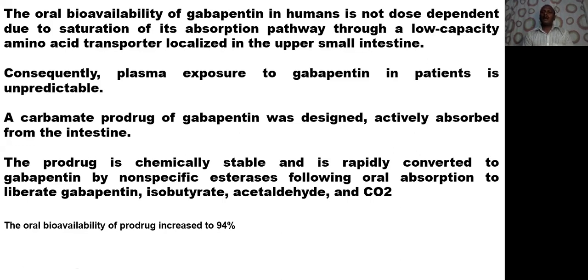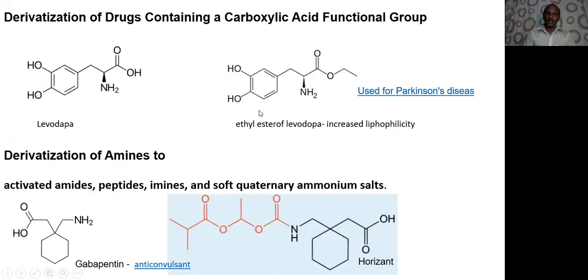That's why it is unpredictable, sometimes increasing, sometimes reducing. So that's why we have a carbamate prodrug, designed to be actively absorbed from the intestine. What I did is that the amine is converted into carbamate.